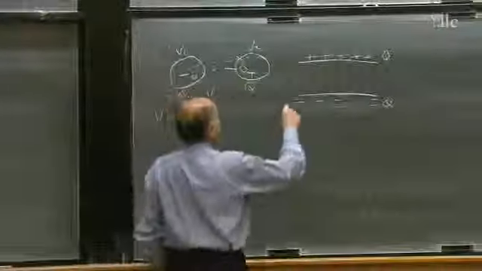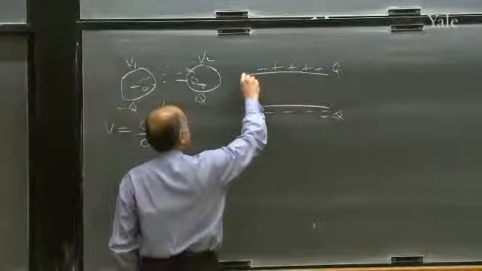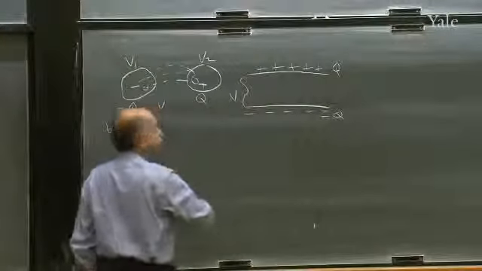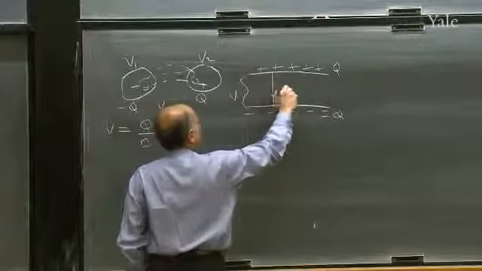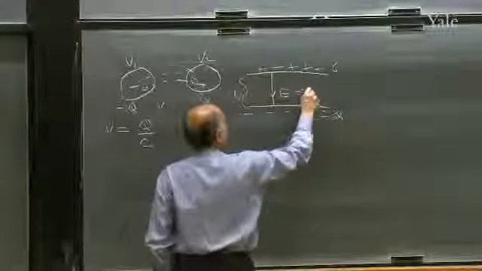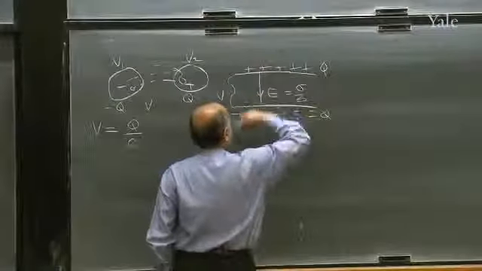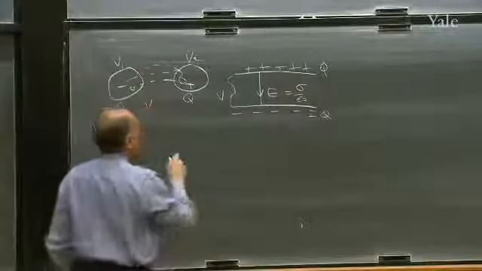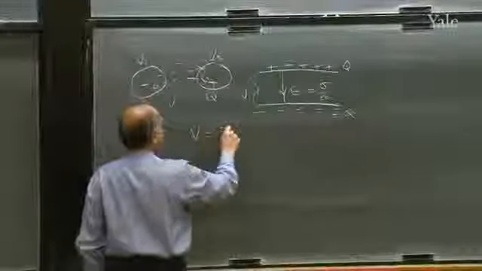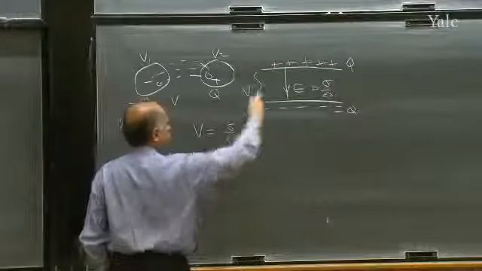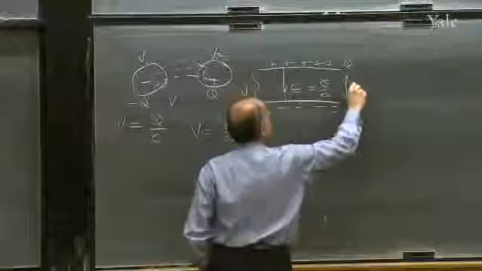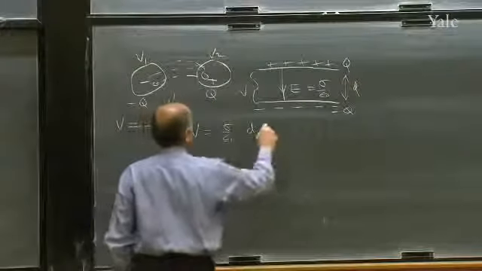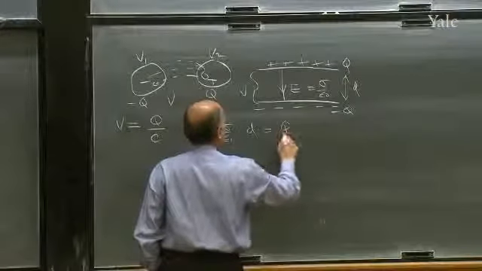For that, you must find the voltage difference between the two plates, and you want to take Q over V. Now, there's going to be an electric field here, E, which is sigma over epsilon 0 pointing down. So the voltage difference will be the electric field times the distance, because that's what the line integral will be. That's the distance between the plates. And sigma is Q over A.